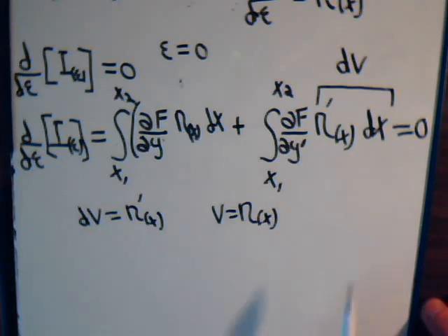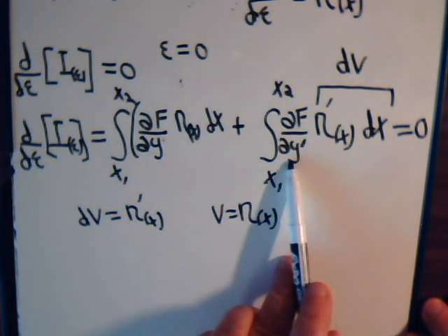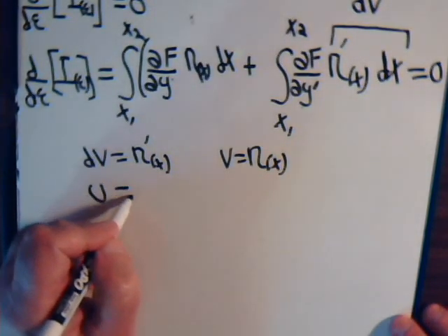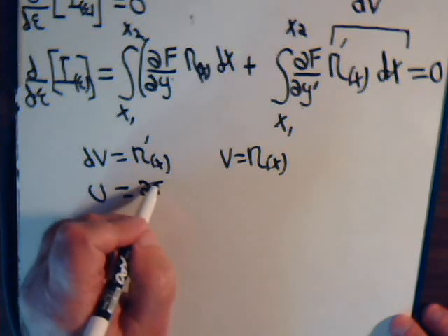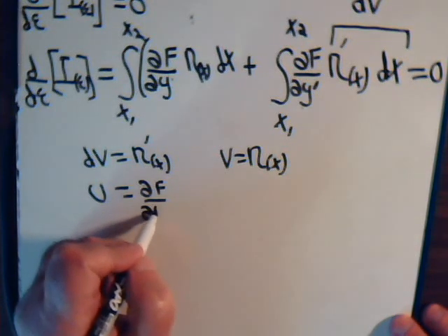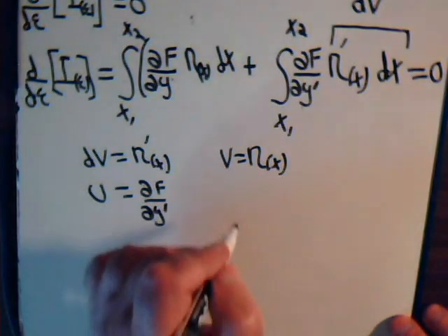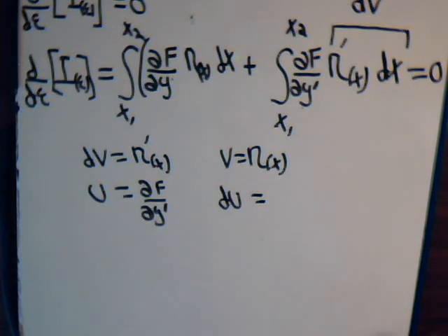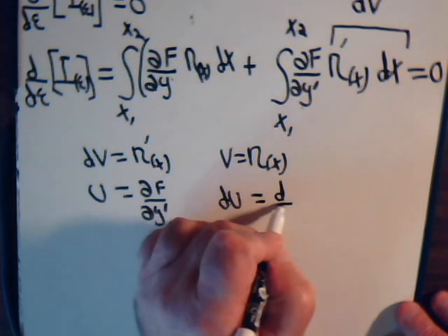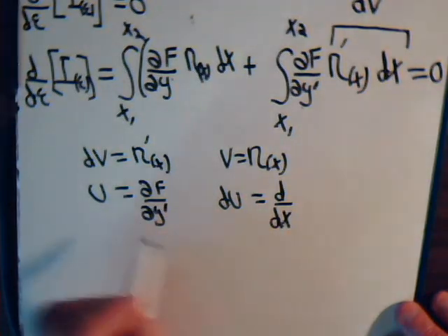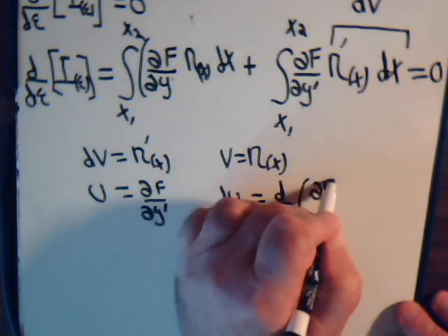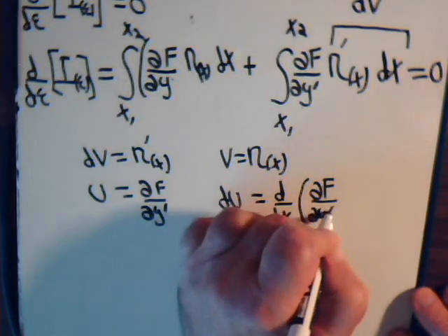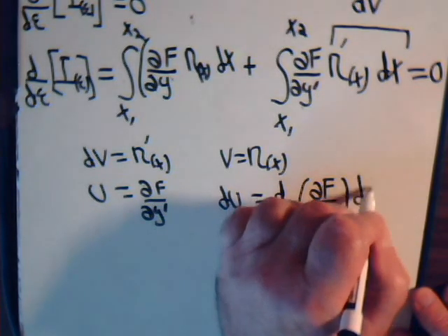Then that means that if this is dv, what's left over, of course, has to be u. So we have u equals the partial of f with respect to y prime. So du, we can just simply write that as d dx of this partial of f with respect to y prime dx.